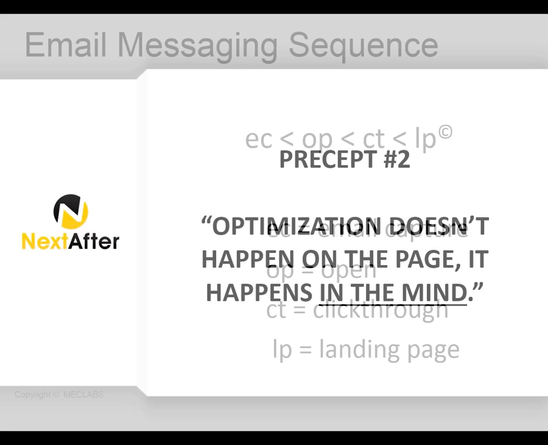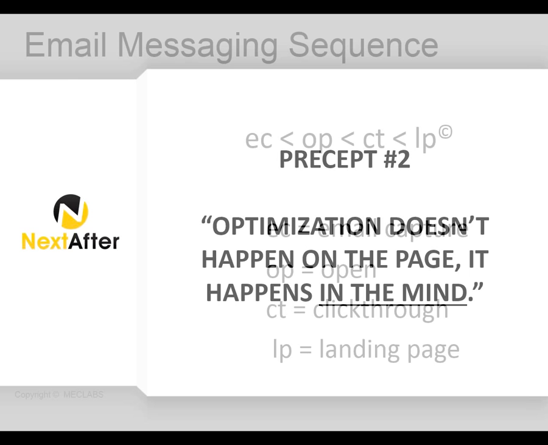In the message envelope, the to line, the from line, the subject line that inspires them to open. And that sequence carries through to the message body, the copy, the email message itself that inspires them to click, and it carries all the way through to the landing page or the website that inspires people to take the specific action.